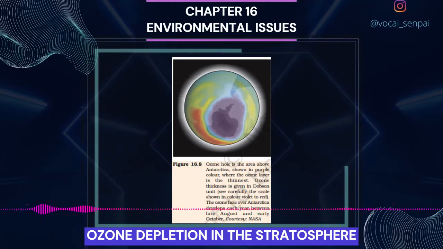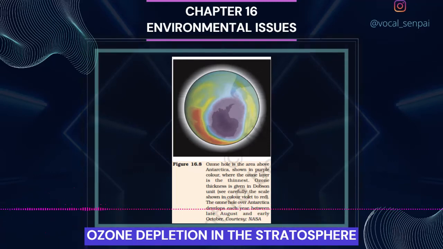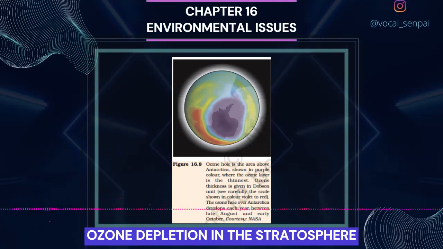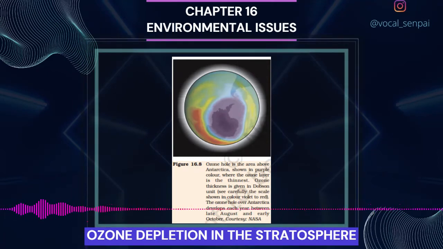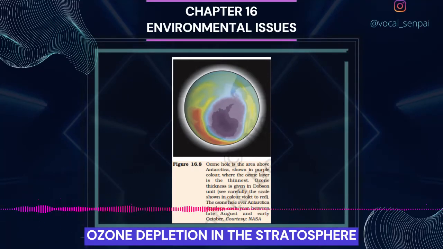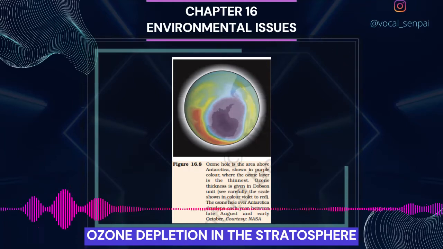Hence, whatever CFCs are added to the stratosphere, they have permanent and continuing effects on ozone levels. Although ozone depletion is occurring widely in the stratosphere, the depletion is particularly marked over the Antarctic region. This has resulted in formation of a large area of thinned ozone layer, commonly called the ozone hole, figure 16.8.